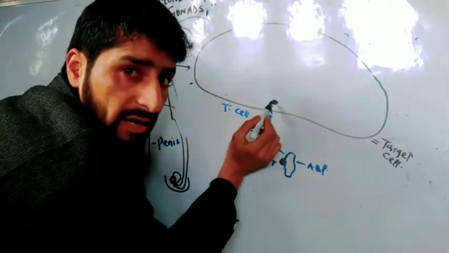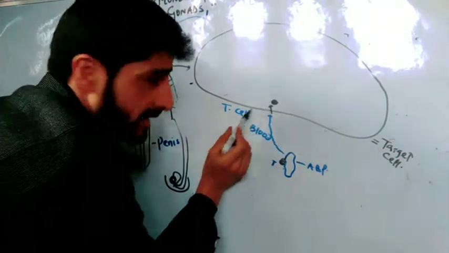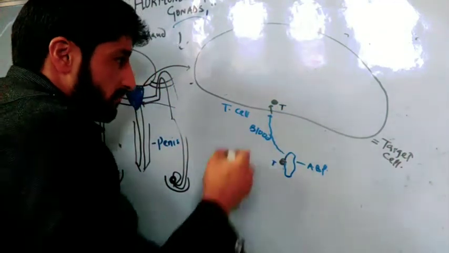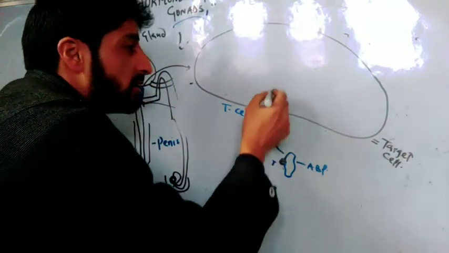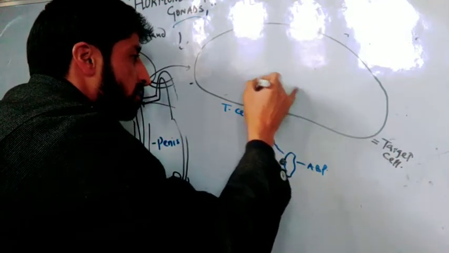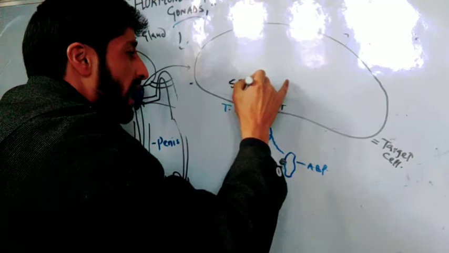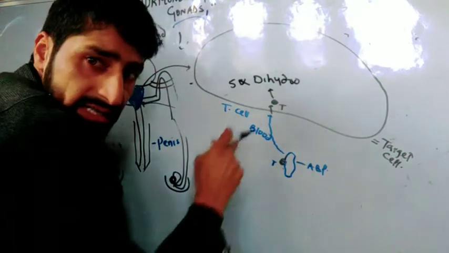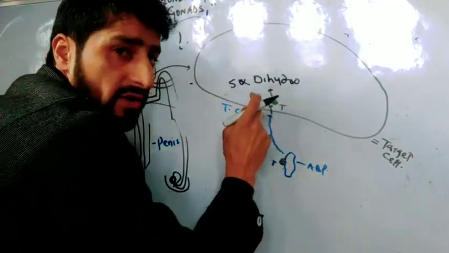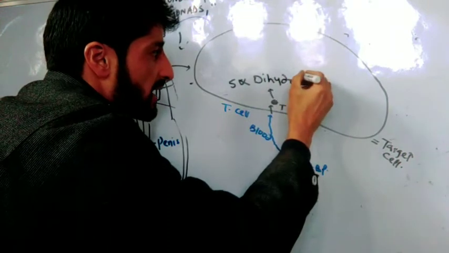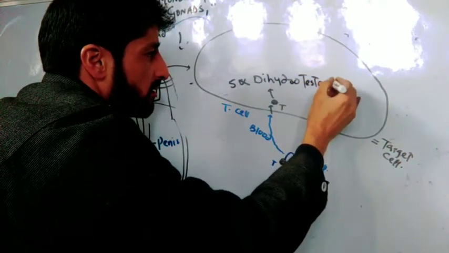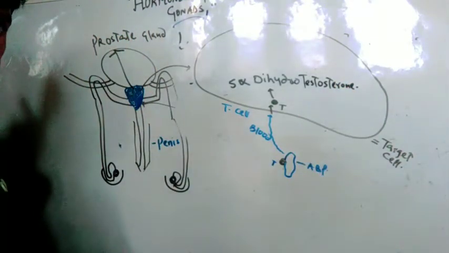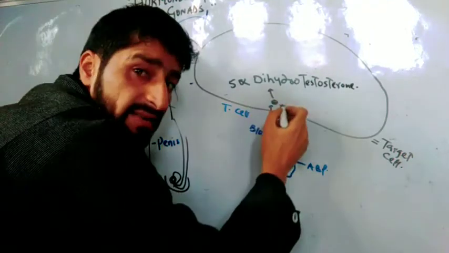Once this testosterone hormone enters into the target cell, testosterone is converted into 5-alpha dihydrotestosterone, by a very special enzyme.